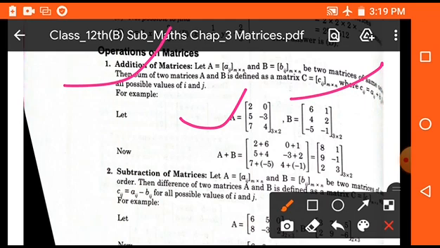That means 2 will be added with 6, 5 with 4, 7 with minus 5. So by adding corresponding elements we get the required addition of two matrices. In the case of subtraction of matrices, in the same way as addition we can subtract two matrices by their corresponding elements.